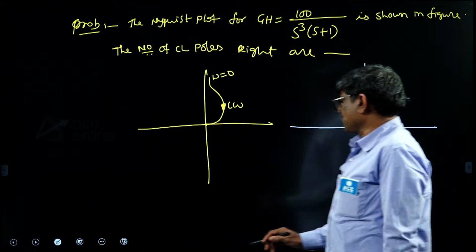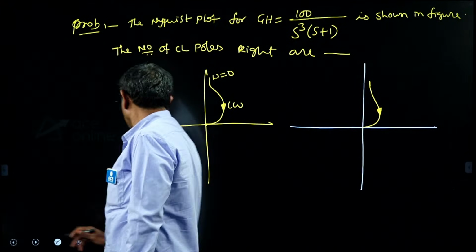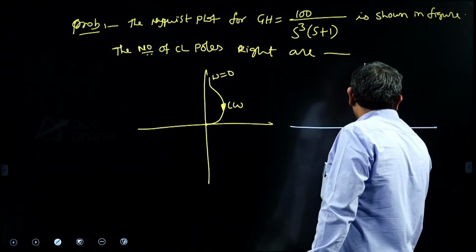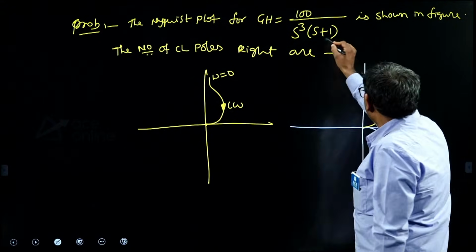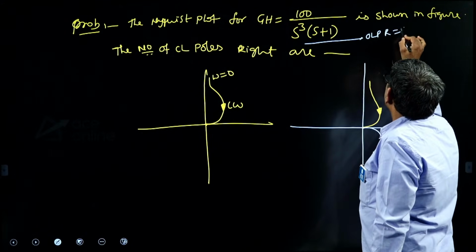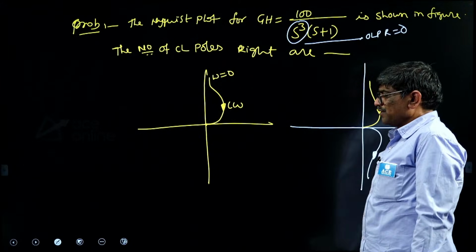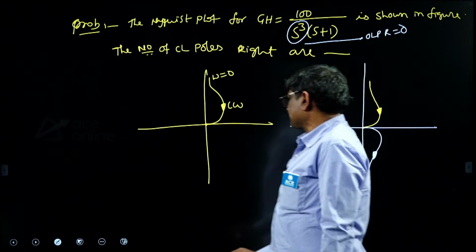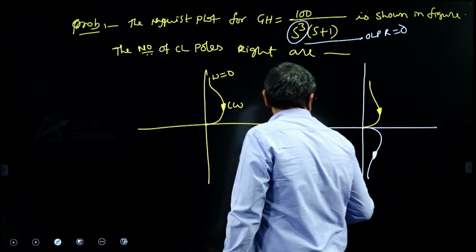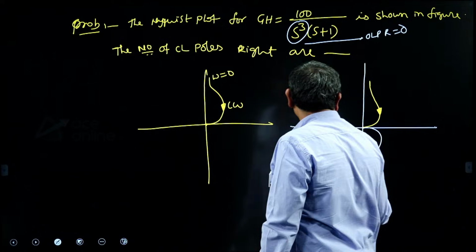Come on, make the Nyquist plot. Take the mirror image. How many encirclements? Here the open loop transfer function is given. Open loop poles on the right given 0, and 3 poles at origin. 3 poles at origin means you have to draw 3 encirclements, total in the clockwise direction.